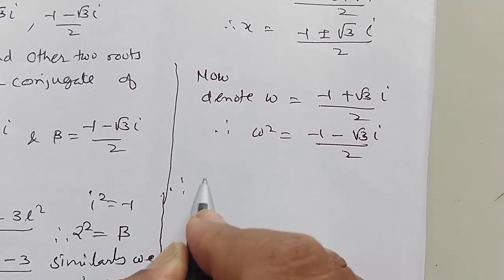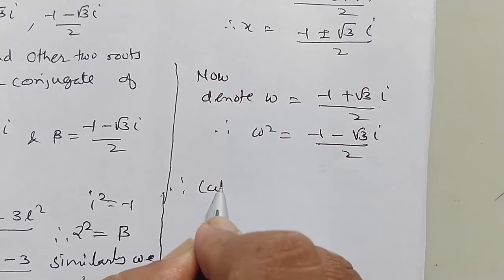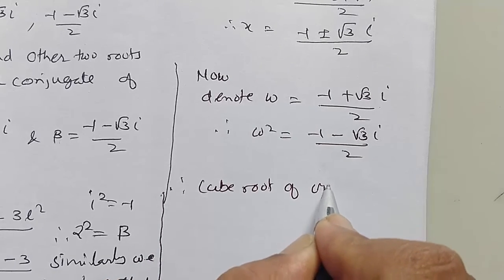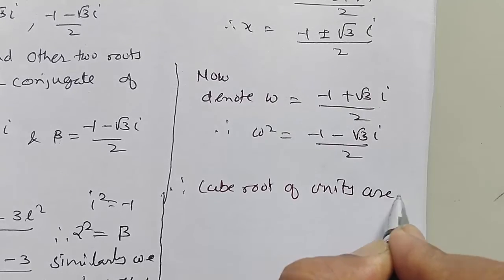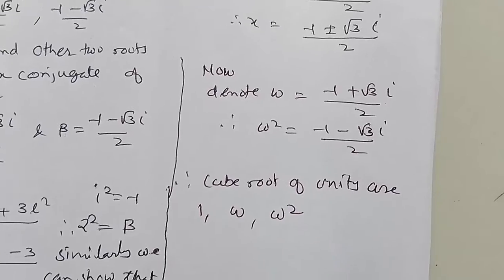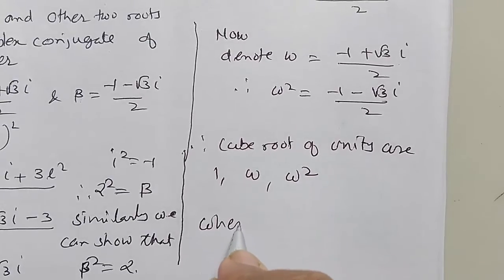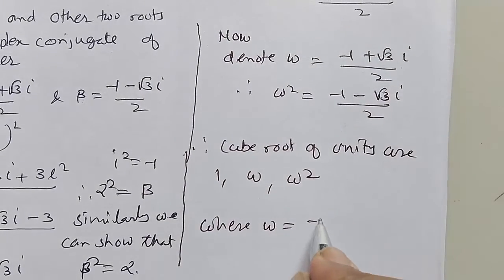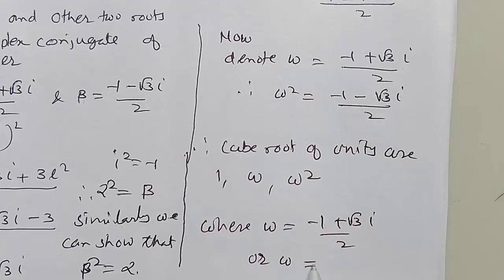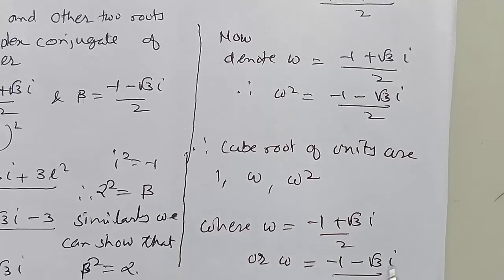Therefore, finally, the cube roots of unity are 1, omega, and omega square, where omega is equal to minus 1 plus root 3 i upon 2, or omega may be equal to minus 1 minus root 3 i upon 2.